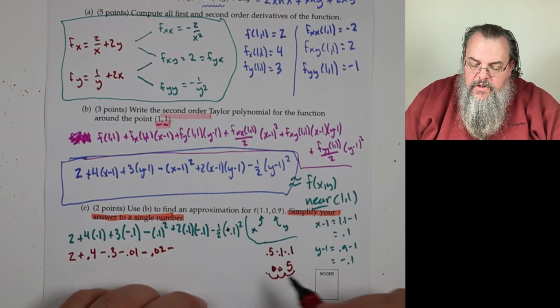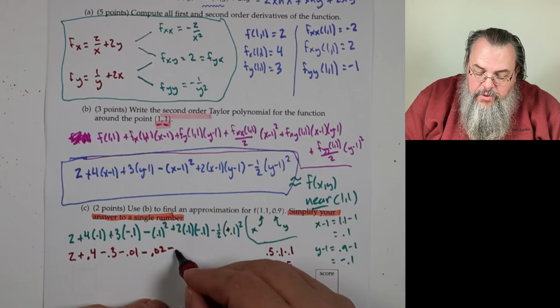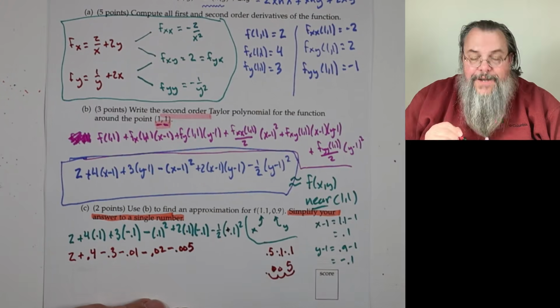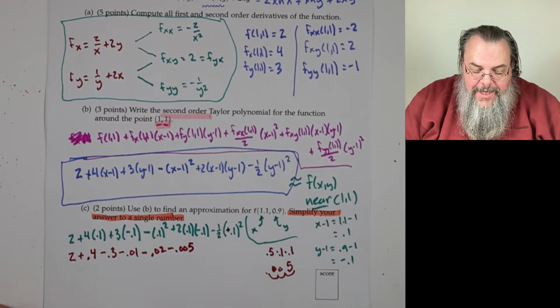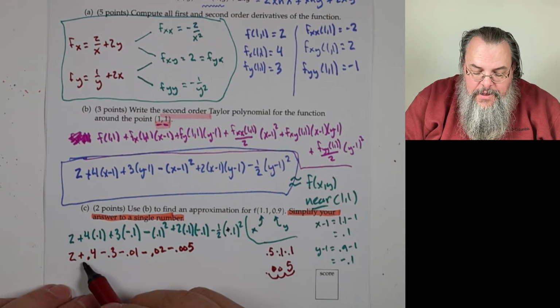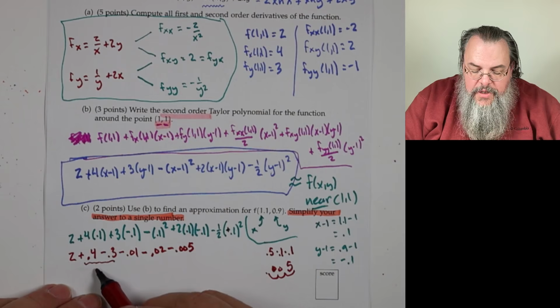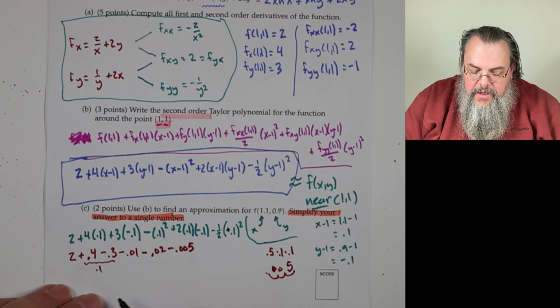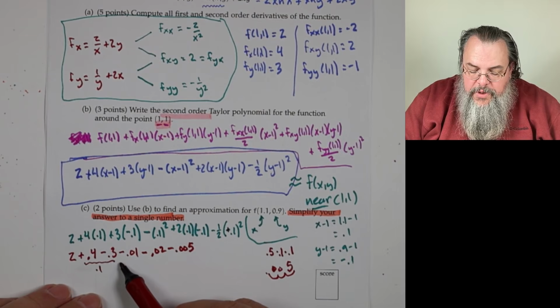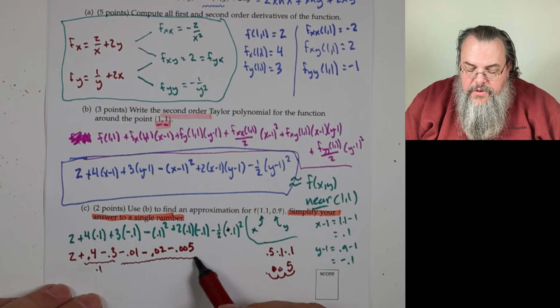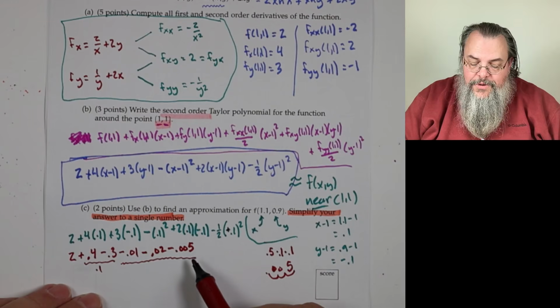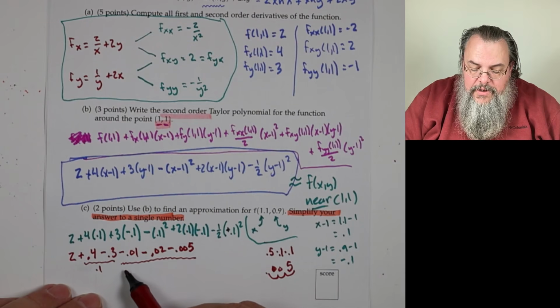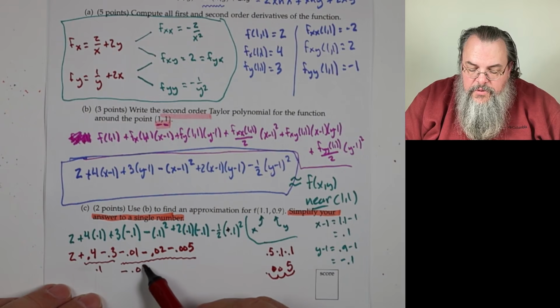So this is subtract 0.005. Okay, 0.4 minus 0.3 is 0.1. Then we have 0.01 minus 0.02 minus 0.005. We can just do those together. So that's minus 0.035.